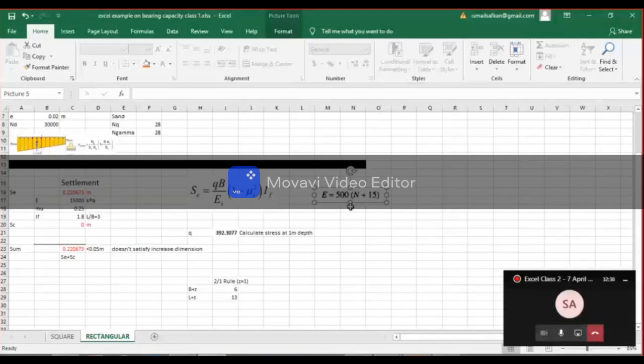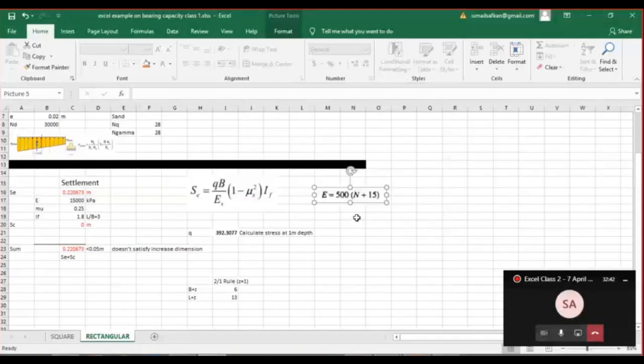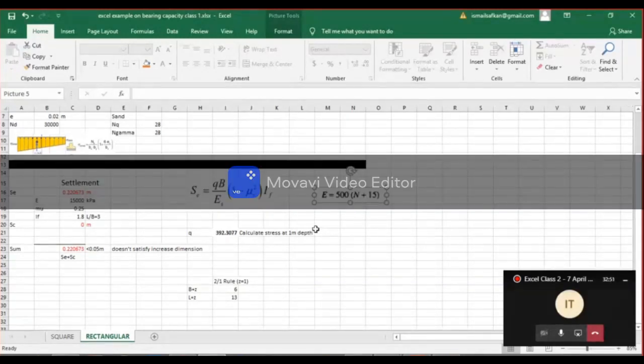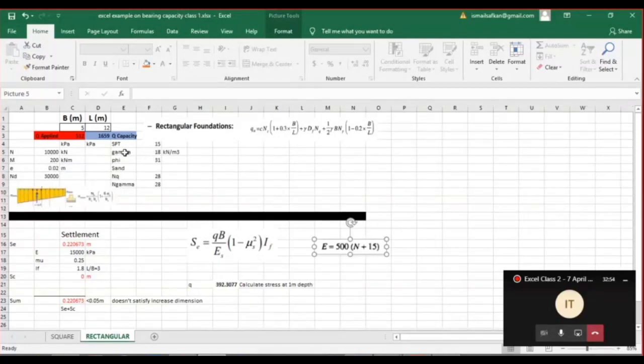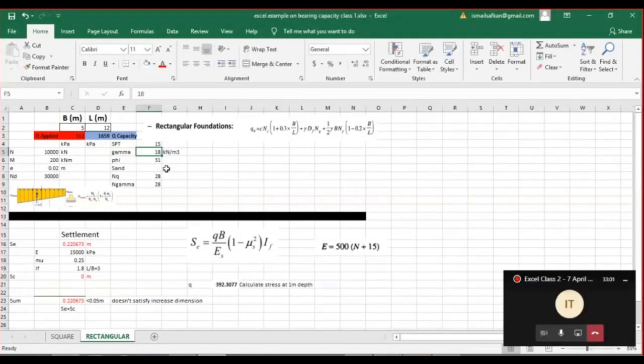Okay, next question, please. Okay, so what if we had a water table, like water level? In this one, we didn't have any water table, but if we had a water table, remember we used to change gamma 18.